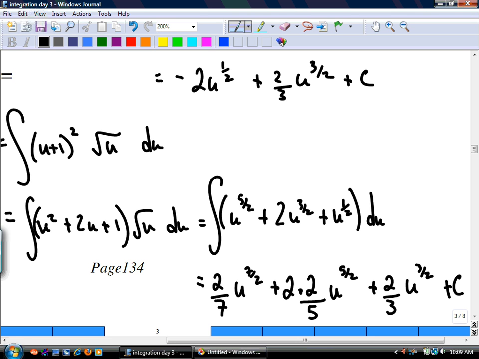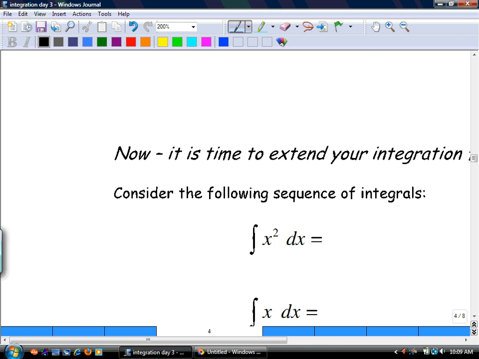Different? Yeah. Not an obvious thing. Okay. Antiderivative of x squared.